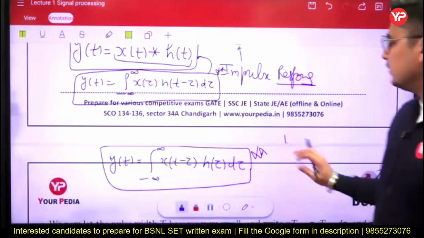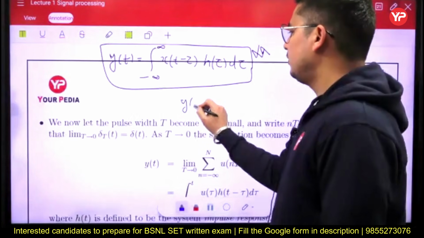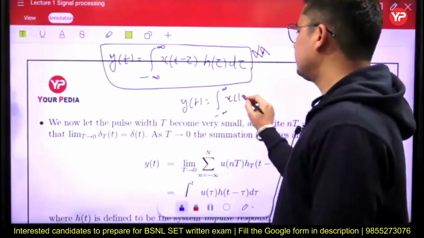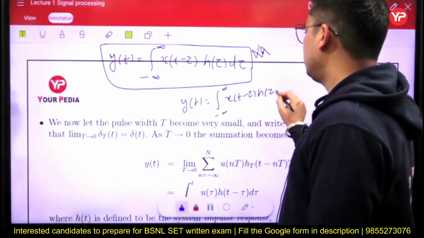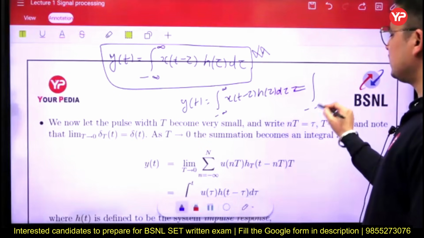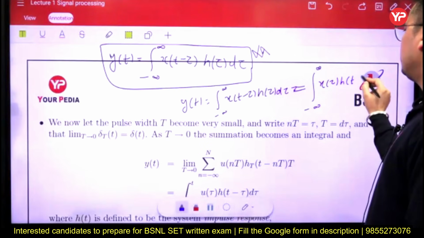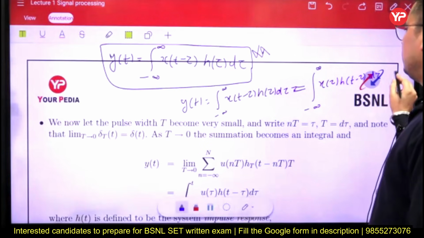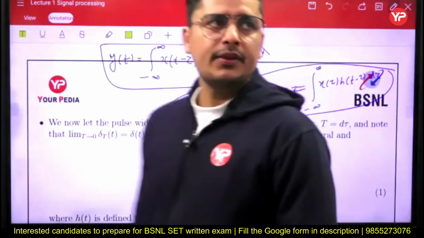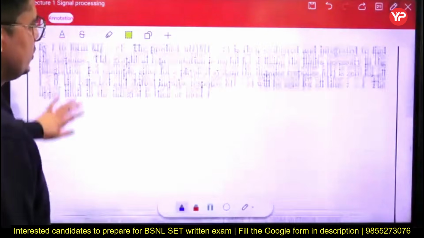Both are the same: y(t) equals the integral from minus infinity to infinity of x(t minus tau) h(tau) d tau, which equals the integral from minus infinity to infinity of x(tau) h(t minus tau) d tau. These two quantities are equal to each other. Yes, this is convolution.